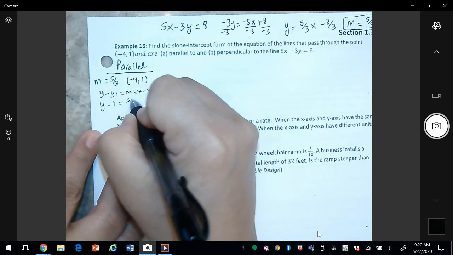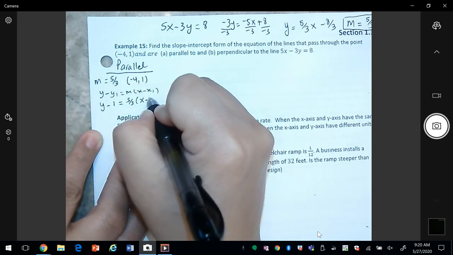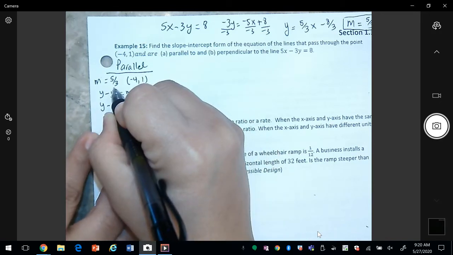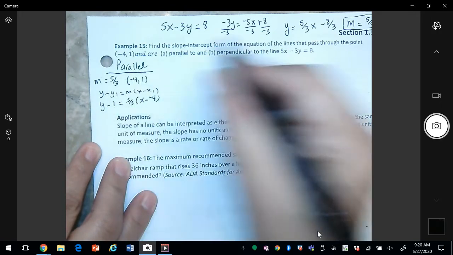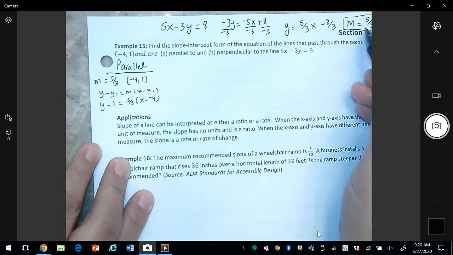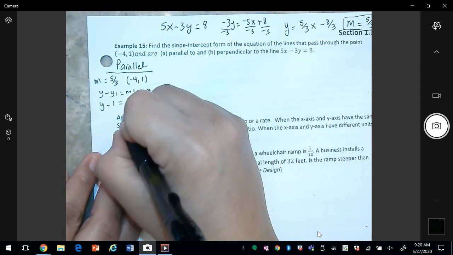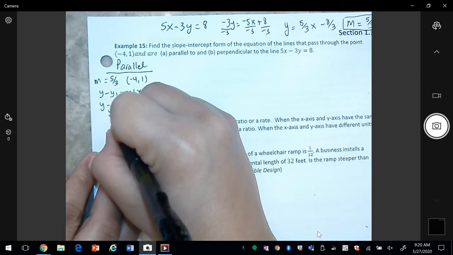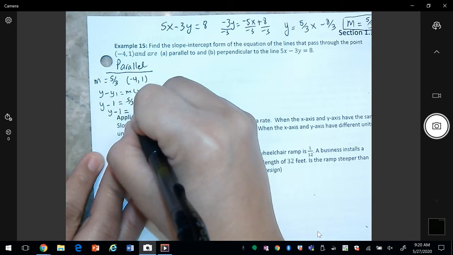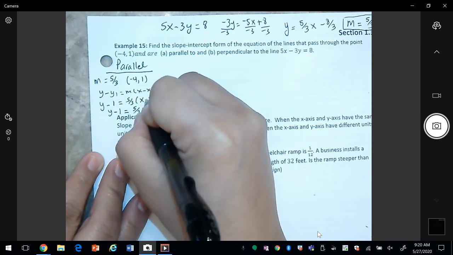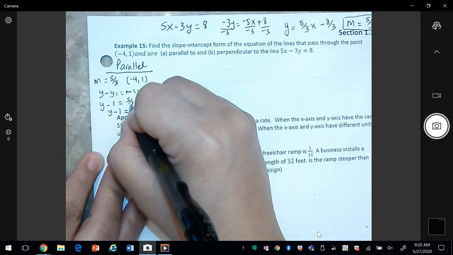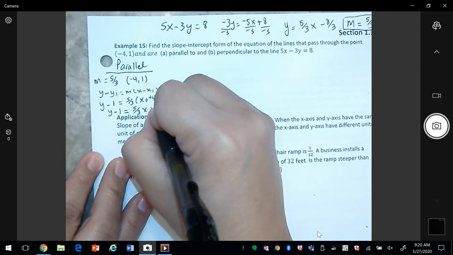My slope is 5/3. x minus -4. I'm using 5/3 because it's parallel. That means that I'm going to use the same slope. Okay, let's simplify a little bit here. So we get y minus 1 is equal to 5/3 x. Negative negative is positive. 5/3 times 4 is 20/3.